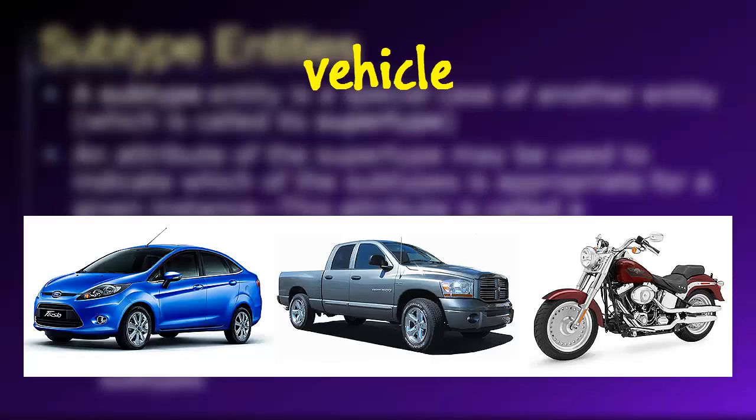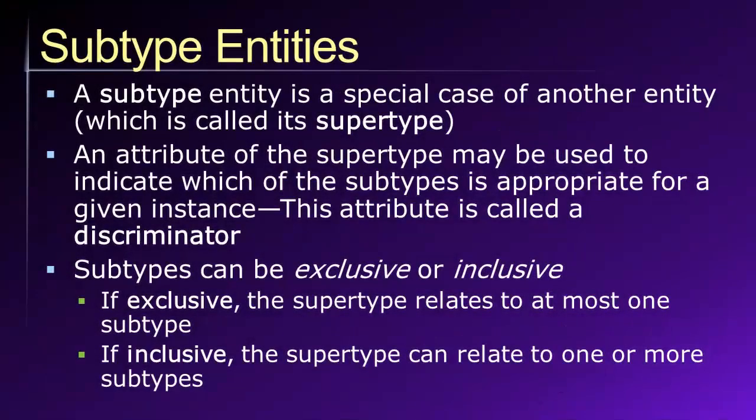That might be a supertype, and then we might have specific subtypes of the vehicle class such as a car or a truck or a motorcycle, where there may be unique attributes about a car or a truck or a motorcycle that we want to track, in addition to a set of attributes that we want to track for every vehicle, regardless of what specific type of vehicle it may be. This is an example of a supertype-subtype relationship.